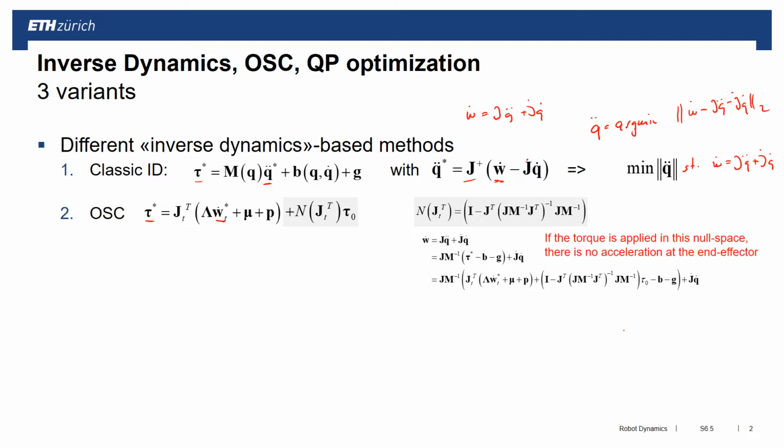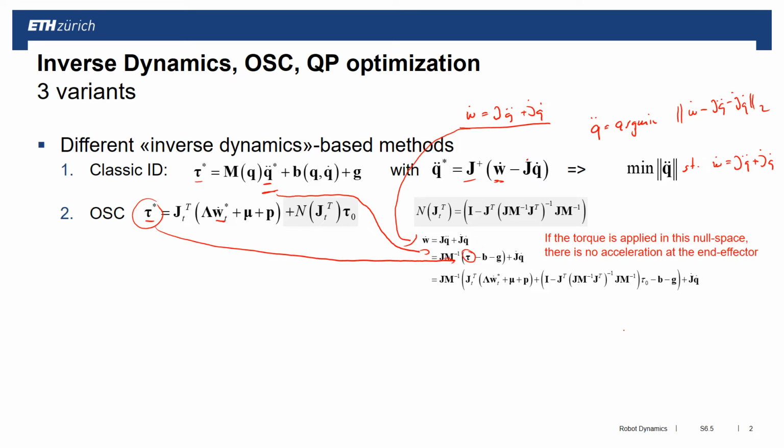If we now insert into our equation, so we know that we want to achieve this task, we take this one. We insert q double dot, which is given from here. So we solve this equation for q double dot, we insert it in here, and then we take the torque which we have derived here and insert it in here. What we end up with is the following formulation.